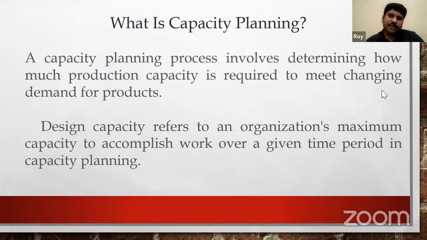Per day, how many products are required? Based on that, I will go with my plant, I will go with my planning, right? If I require some 1,000 products per day, or 10,000 products per day, or if it is 1 lakh per day, based on that, I will design my plant. You need to understand that.